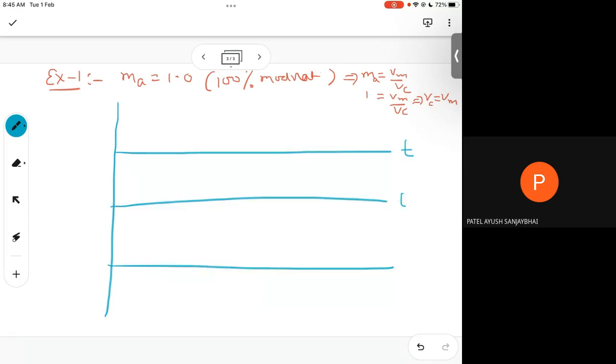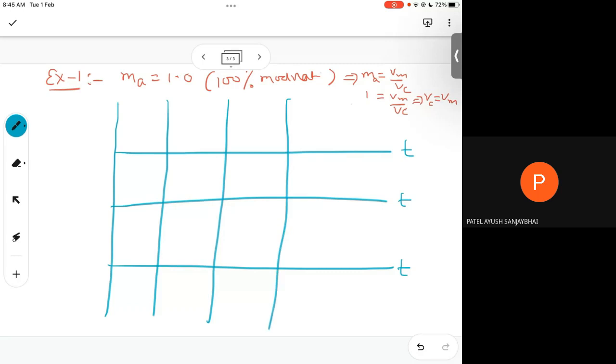This is t, this is t, this is t. Okay. I got it like this. So first I plot in the same color.